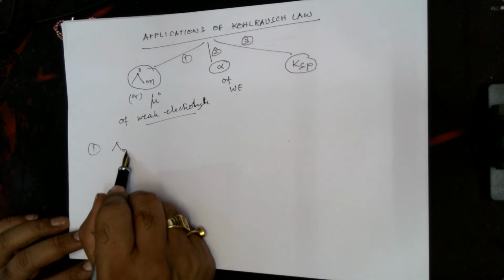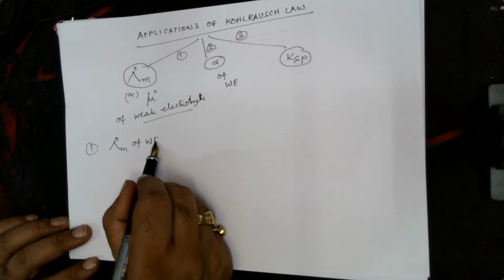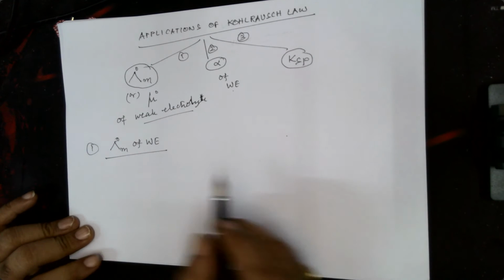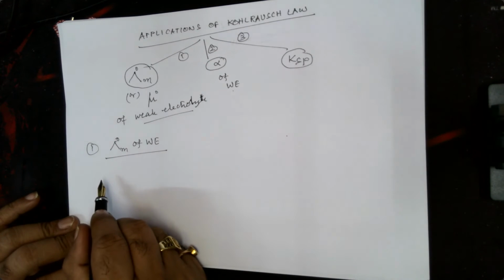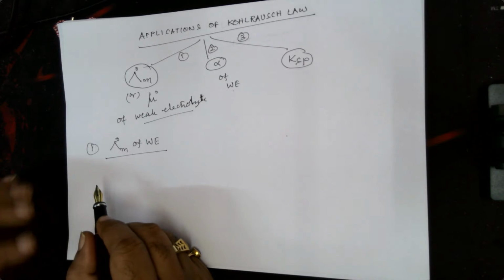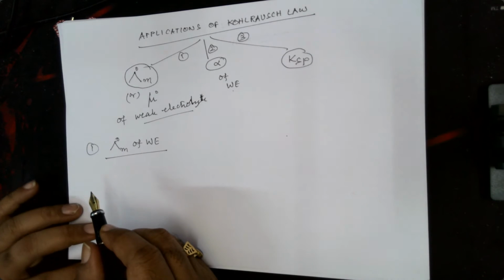Molar conductivity at infinite dilution of weak electrolyte. It is impossible to determine the molar conductance at infinite dilution. Why? Because experimentally it is ruled out, because it weakly dissociates.